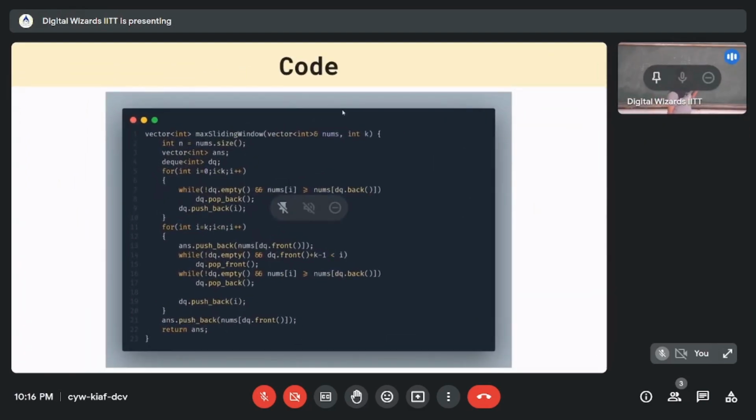So we have a DQ. That's the syntax for DQ. And what exactly you are doing is, for the first k elements, does anyone remember the templated code that I told earlier?